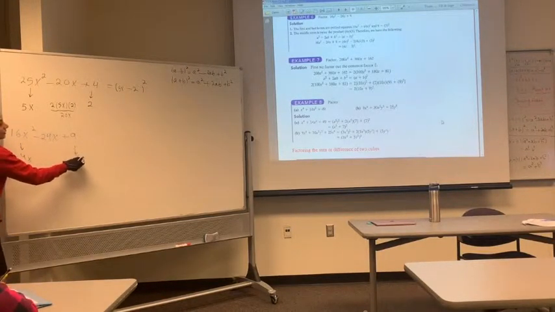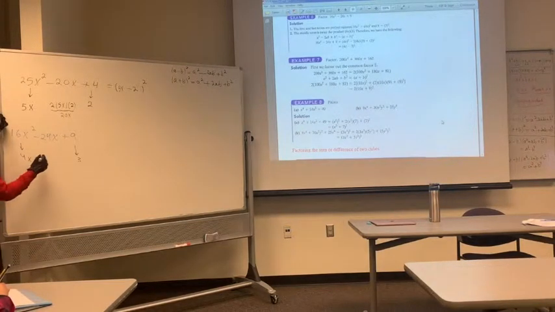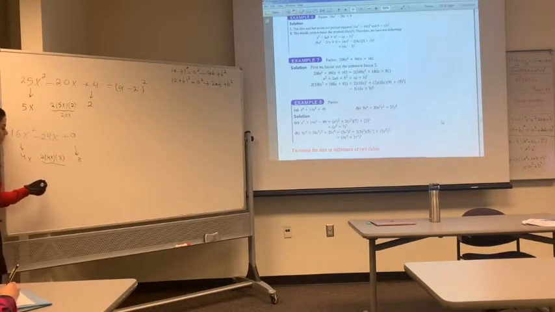What is this one? 3. So the next step is to check the middle term to see if it is 2 times 4x multiplied by 3. 2 times 4x multiplied by 3 is 6 multiplied by 4, which is 24.